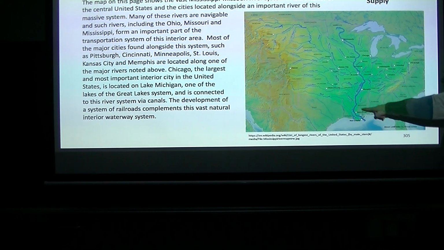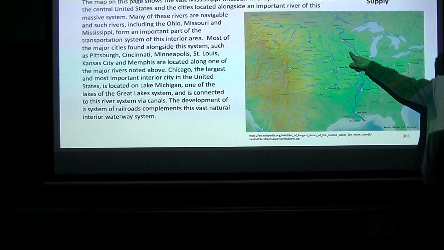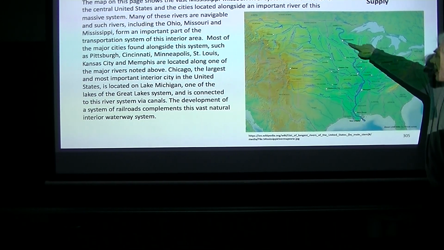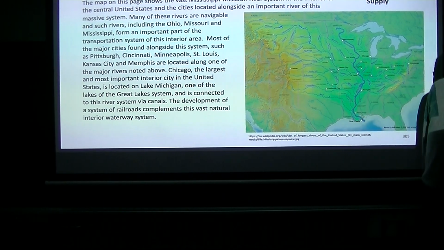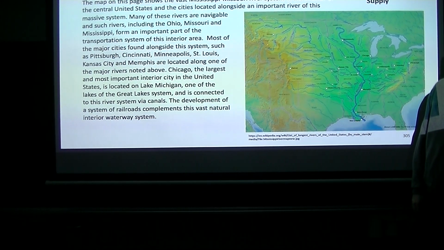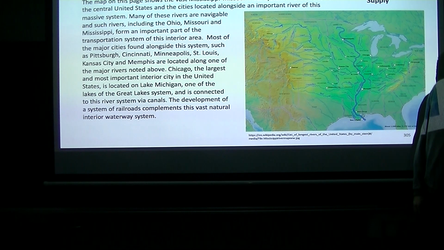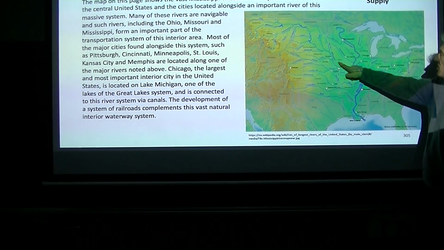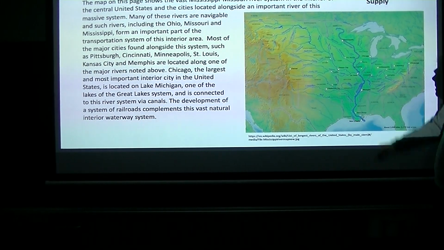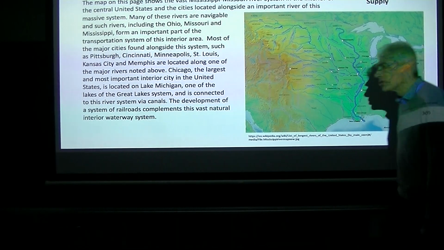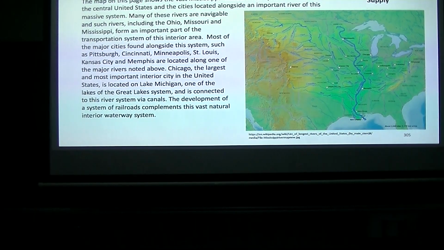On much of the Mississippi, you can have transport all up and down, I think from Minneapolis all the way down. You can have barges shipping large quantities of goods and agricultural products along the Mississippi and good portions of the Missouri and the Ohio rivers as well. So you see, this is all a huge area.